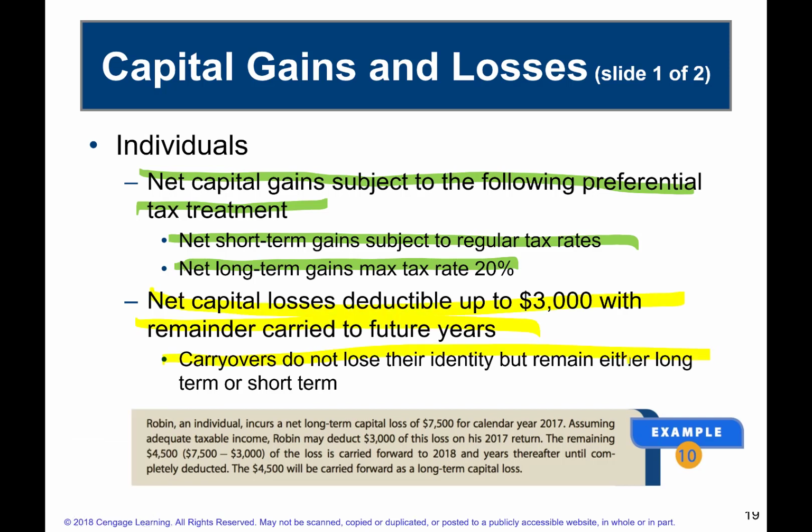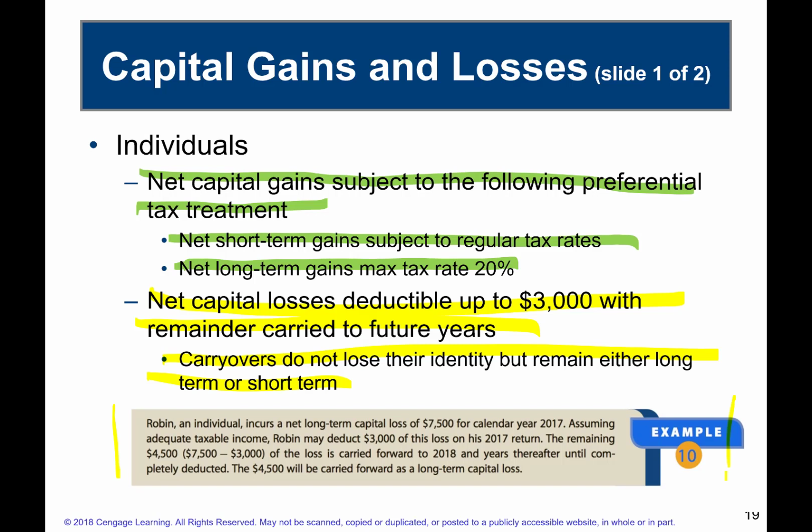And this is just a review of the rules. We could carry those over into future years, and they would maintain their identities, either short-term or long-term, whatever they were, right? After we netted against our short-term and long-term gains and losses, any losses in excess of $3,000 got carried forward. Okay, so that was what we learned back in chapter 2.